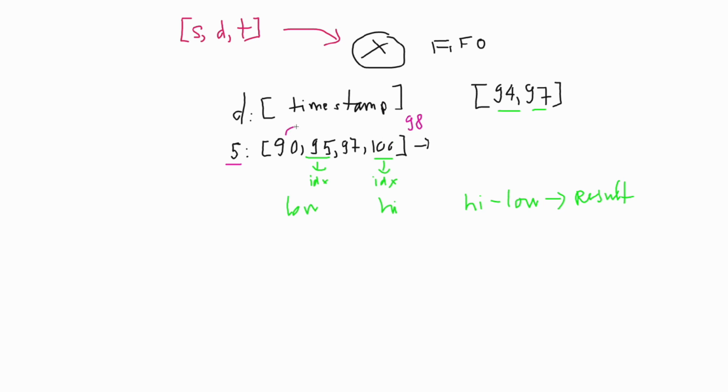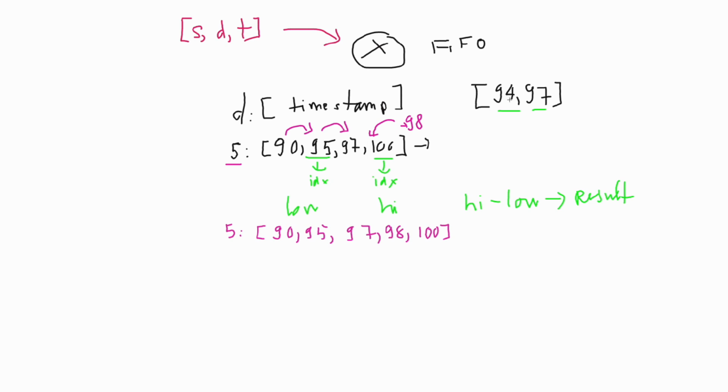The simplest way is to iterate through each element, find the position of 98 in the array, and insert 98 there. Let's say we have already constructed the array after adding the timestamp, and it is 5 with 90, 95, 97, 98 and 100.